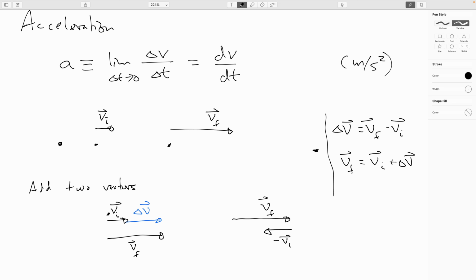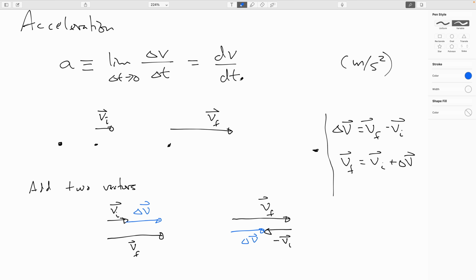So what I've done is I've taken this arrow, preserved its length, and just flipped it exactly backwards. And this is what I mean by a negative. And I put the tail of this to the head of this. Now, theoretically, I should lay the one right on top of the other, but if I do that, the drawing will get confusing. But then if I go from the unconnected tail to the unconnected head, I found my change in velocity.